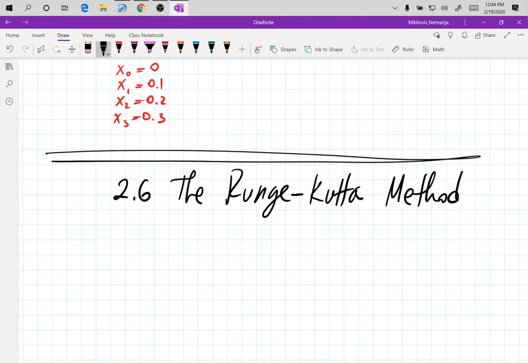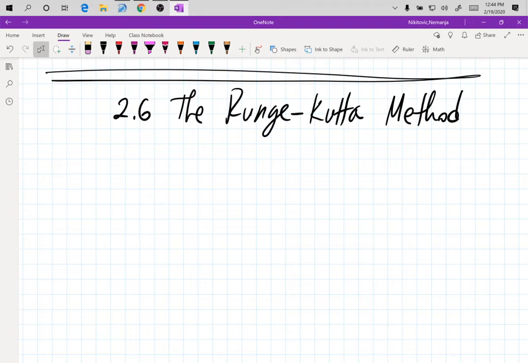So we now discuss a method for approximating solutions. This one is considerably more accurate than improved Euler. So Euler is the basic, then improved Euler, and then this one is even better, right?